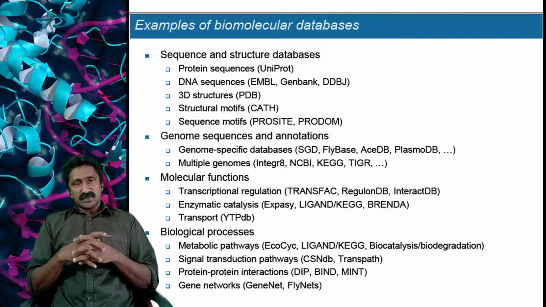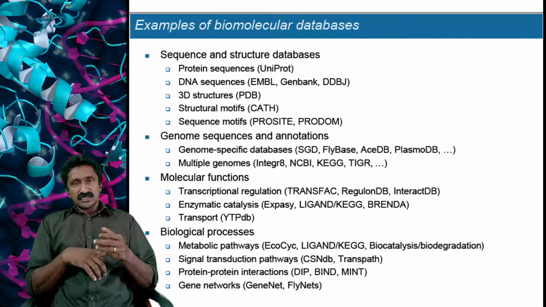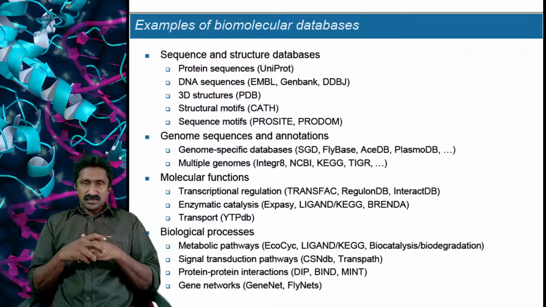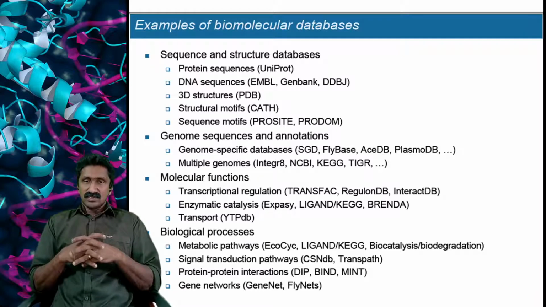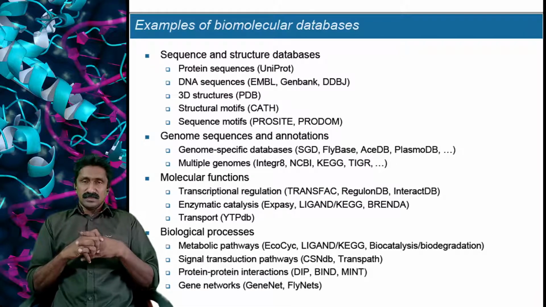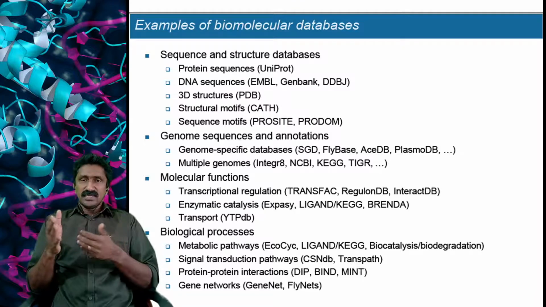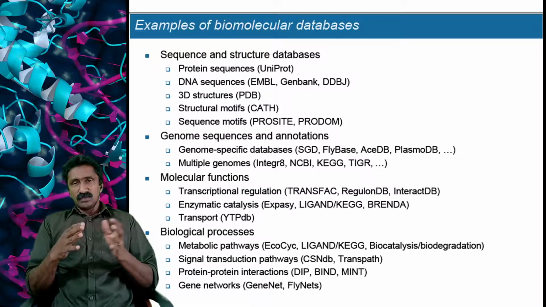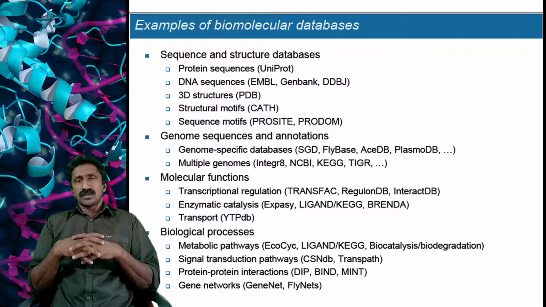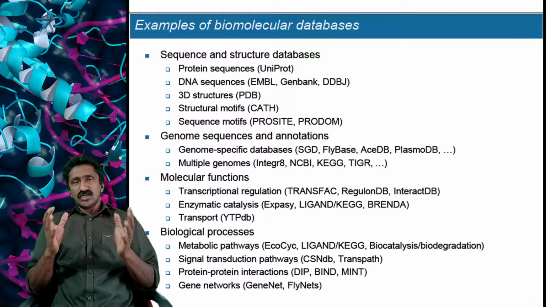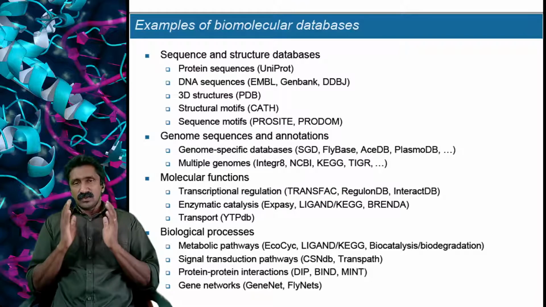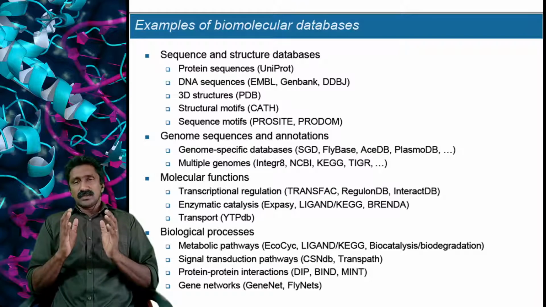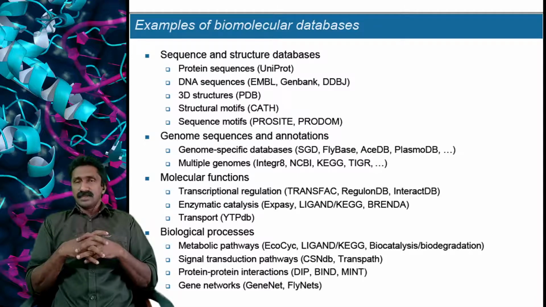Some genome-specific databases are like SGD, that is the Saccharomyces Genome Database, for storing the entire genomic data of Saccharomyces. FlyBase is another one, and then ESDB, PlasmoDB, etc. There are specialized databases for storing the entire genome sequence of a single organism. So organism-specific complete genomes are stored in such databases.